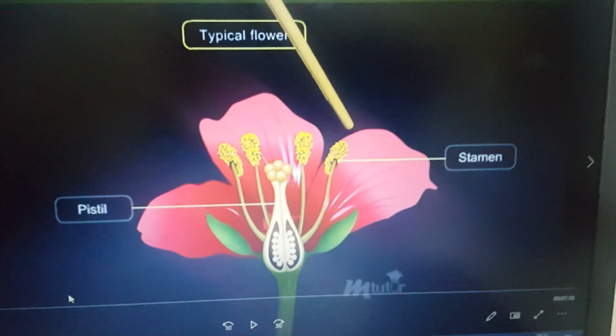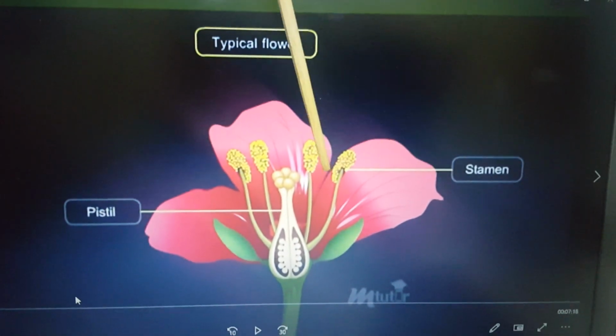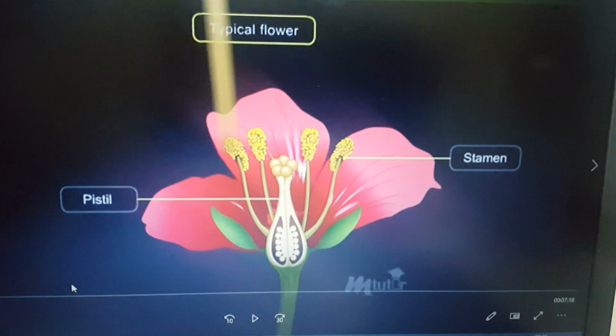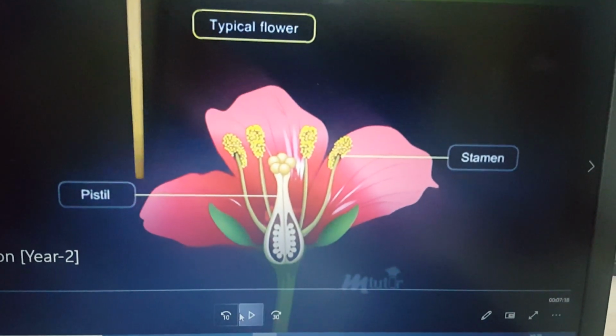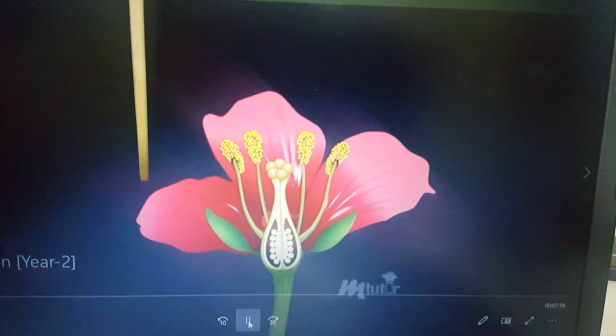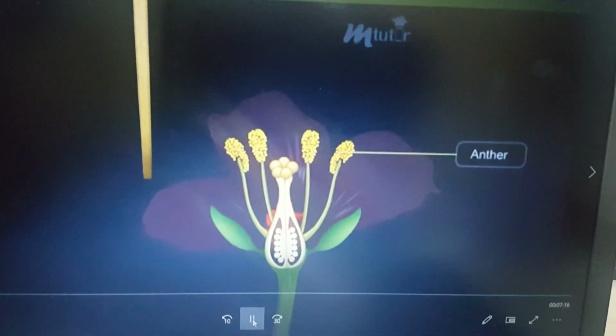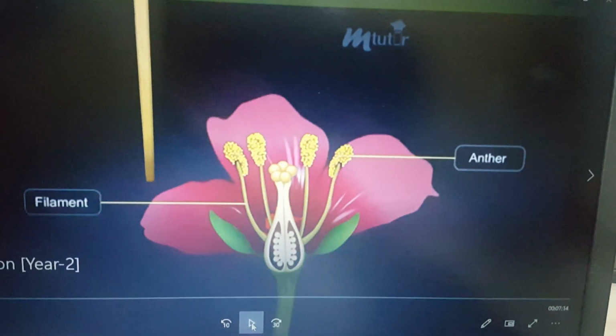Moving further to the parts of the flower, here you can see we have stamens as the male part of the flower and pistil as the female part of the flower. Stamens are further divided into two parts.